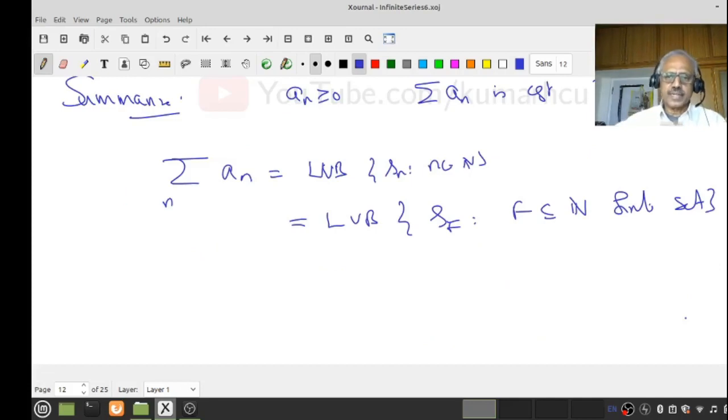Now notice that S_F is completely unordered. It is just a finite set. As I wrote, there need not be any order, and it need not be a sequence either. F may not be something like 1 to n or anything of that kind. So this is some kind of unordered sum. In spite of that, I get the sum.